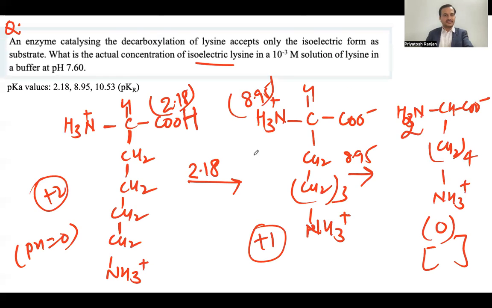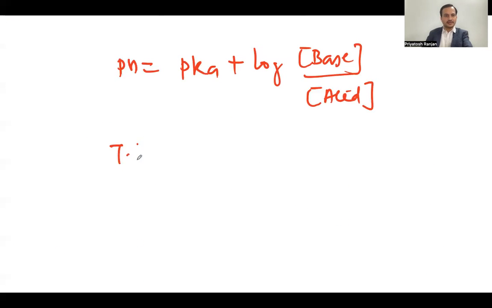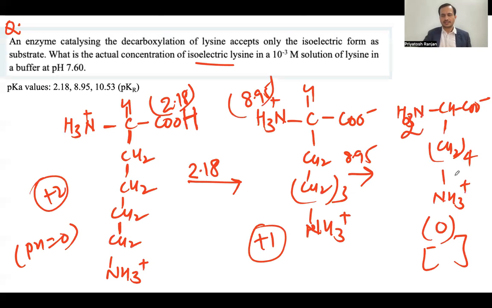What is the pH they have given? They have given a buffer of pH 7.6. And then I need to consider a pKa. Remember, these isoelectric species are not going to be present at a pKa value of 2.18; very, very little might be, because a similar kind of question was asked in the previous slide.